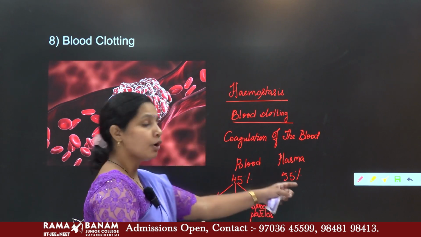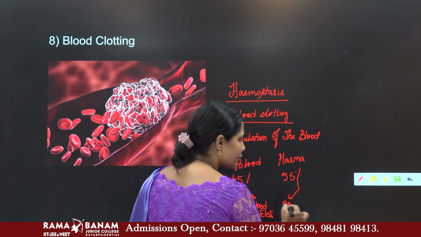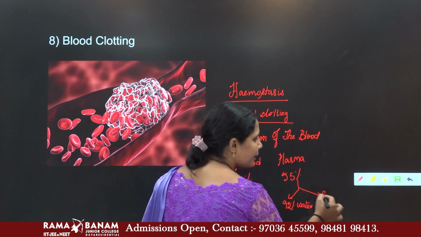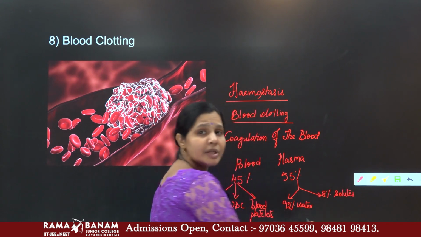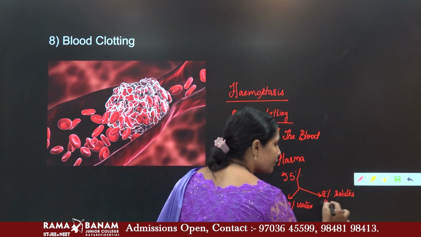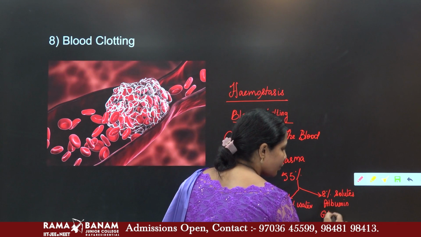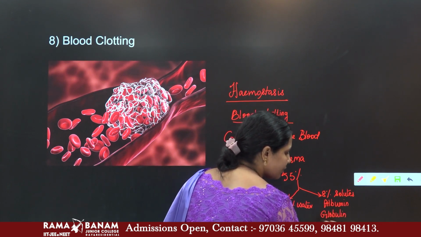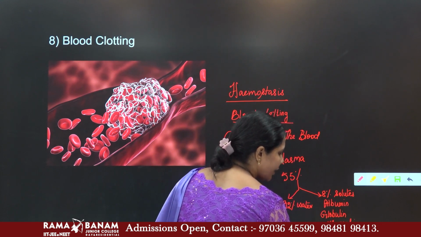Whereas out of this 55% of the plasma, 92% is water itself and 8% solutes. What are these 8% solutes? They include albumin, globulin, prothrombin and fibrinogen.